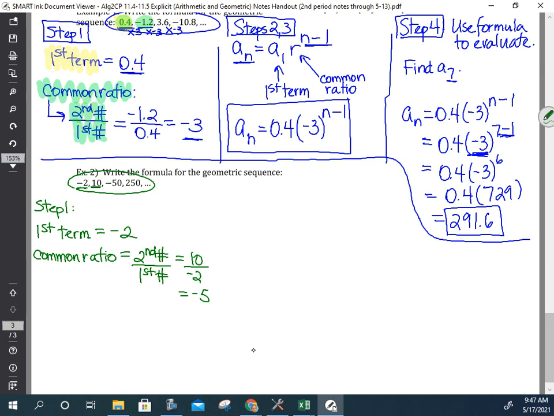So we know the first two parts right off the bat. Any questions before we continue? Not seeing any, not hearing any, so let's keep going.